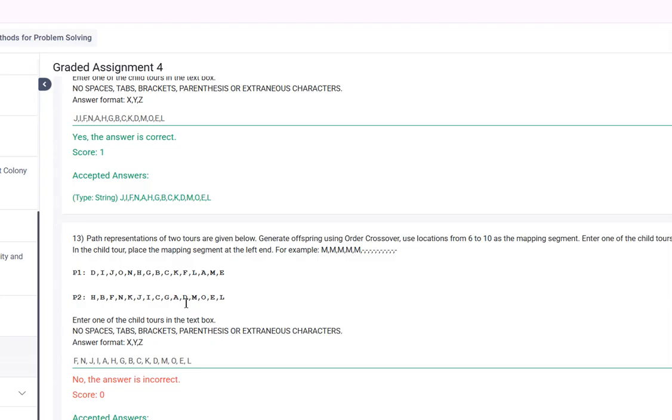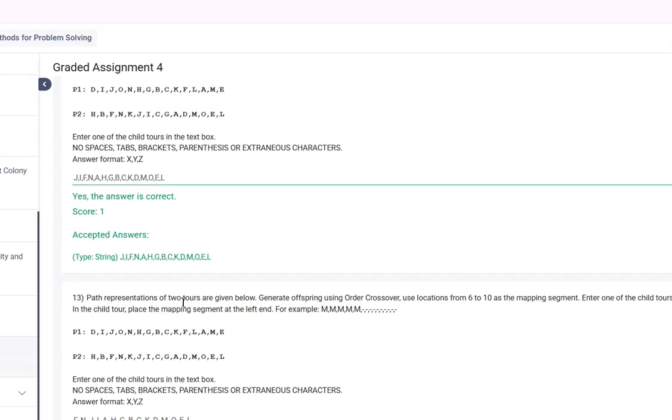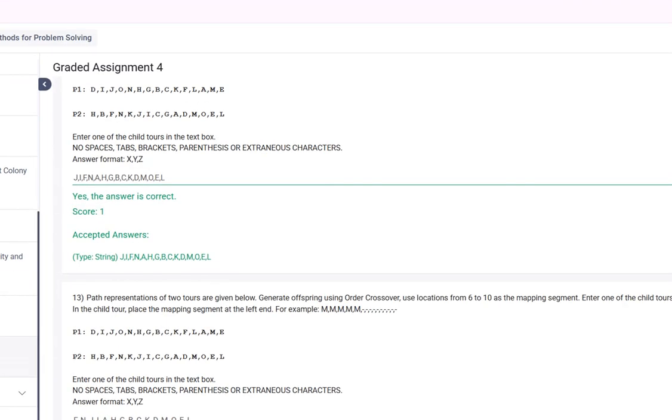Using order crossover. So if we are going to do an order crossover, it is 13.